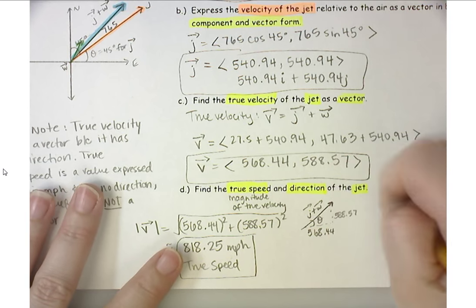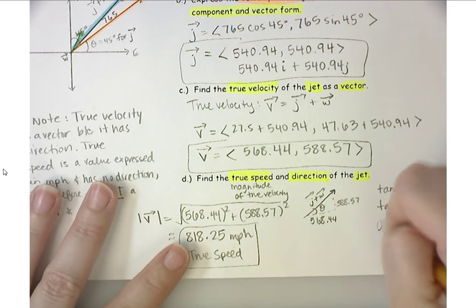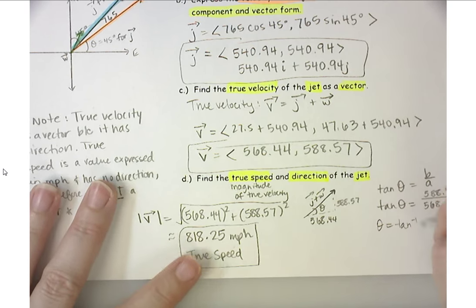Okay, so then your tangent of theta is your b over a, which is your 588.57 over 568.44. Okay, so to do that, we're going to use the inverse tangent to find the angle.